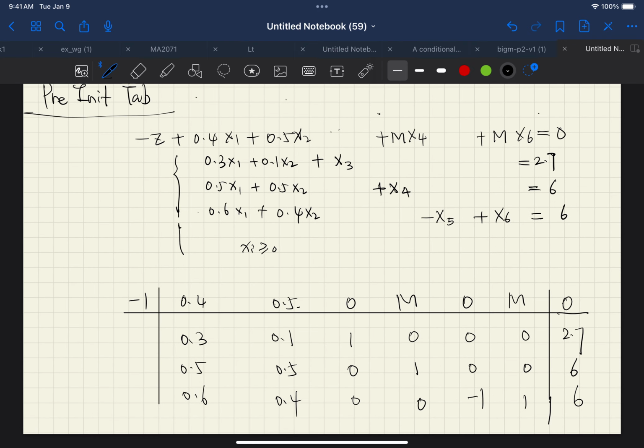All right, this is not yet an initial tableau because our pivot positions are these ones we added in. If these are pivot positions, you need to make sure you use these pivot positions to clear every non-zero in its column except itself.